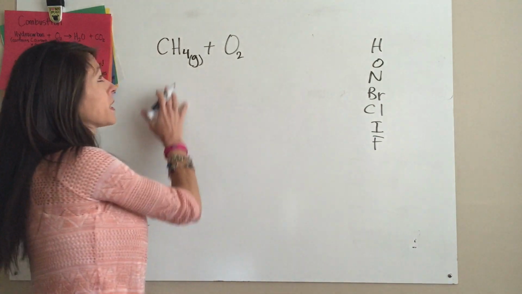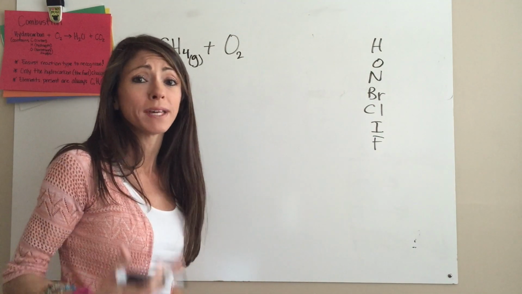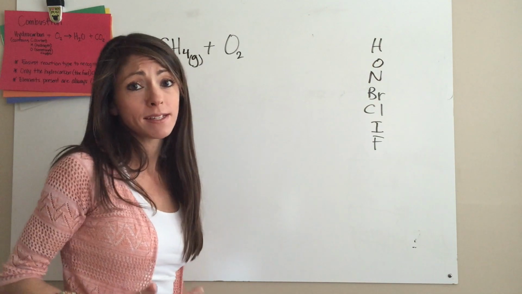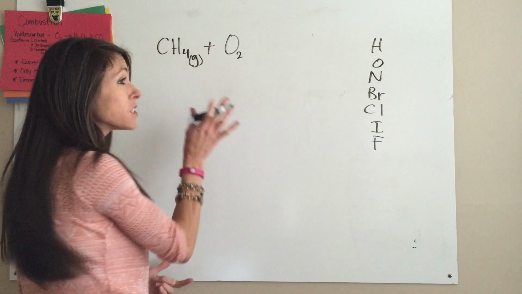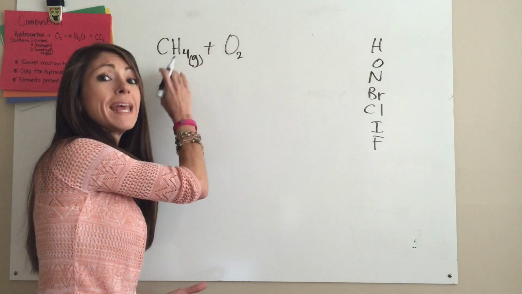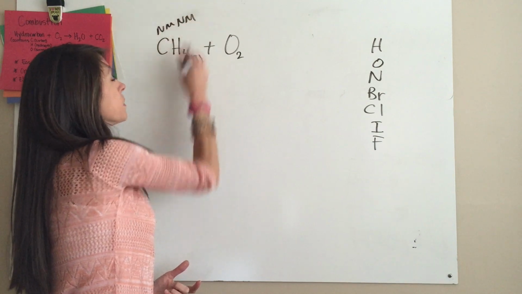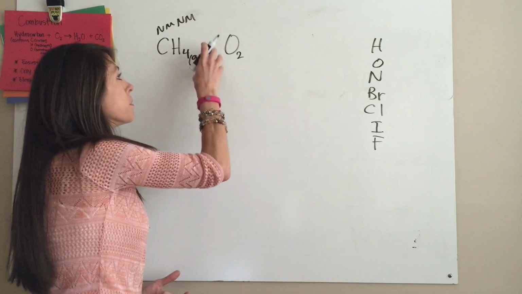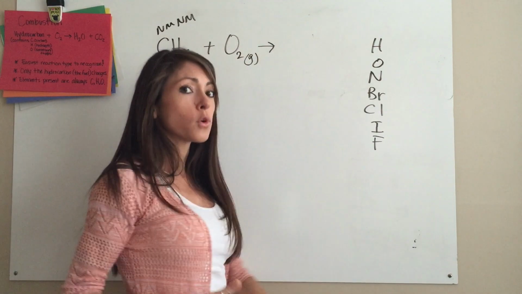Now, this right here would actually be what we call carbon tetrahydride, which would be its actual formal chemical name. I call it methane because that's its more common name, and I know it is that, but you might not know that. And that's okay. You would just name this as carbon tetra because this is a non-metal. With a non-metal, we use prefixes. Carbon tetrahydride combines with oxygen gas to yield, to form, to produce.